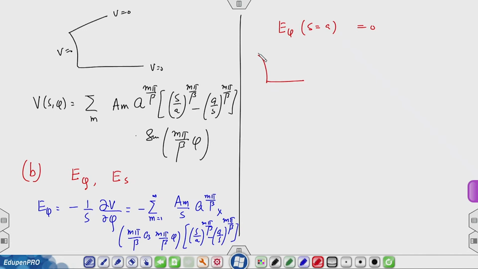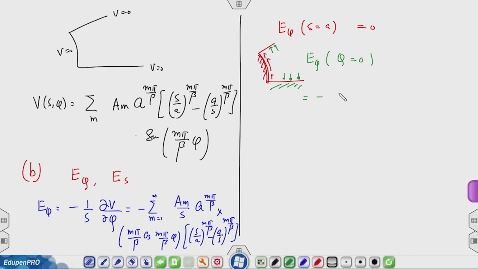So, if you look at these surfaces, there cannot be any component of E in this direction parallel to the constant potential surface. So, E phi is 0, and E phi at phi equals 0, that means on this surface, it has to be perpendicular. This is E phi, and this comes out to be minus summation over m and everything you write.